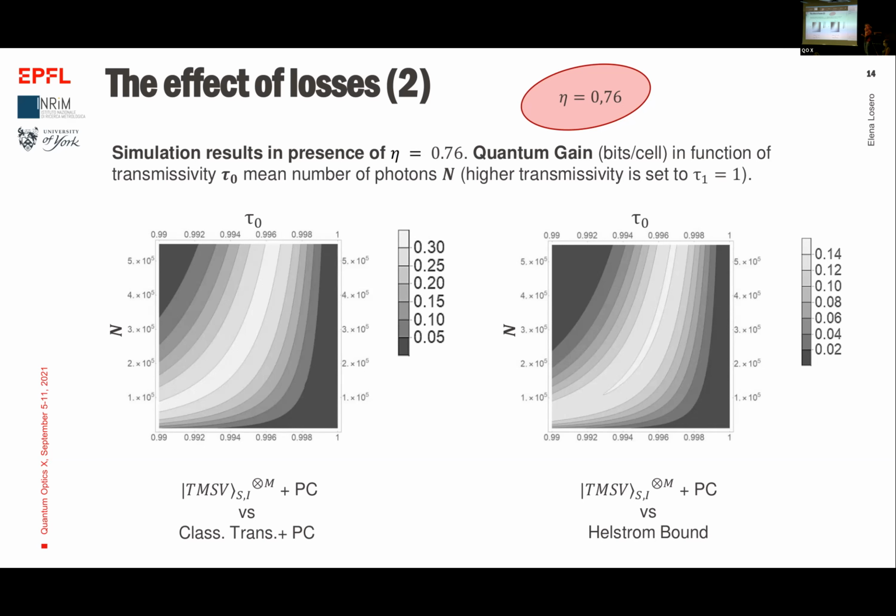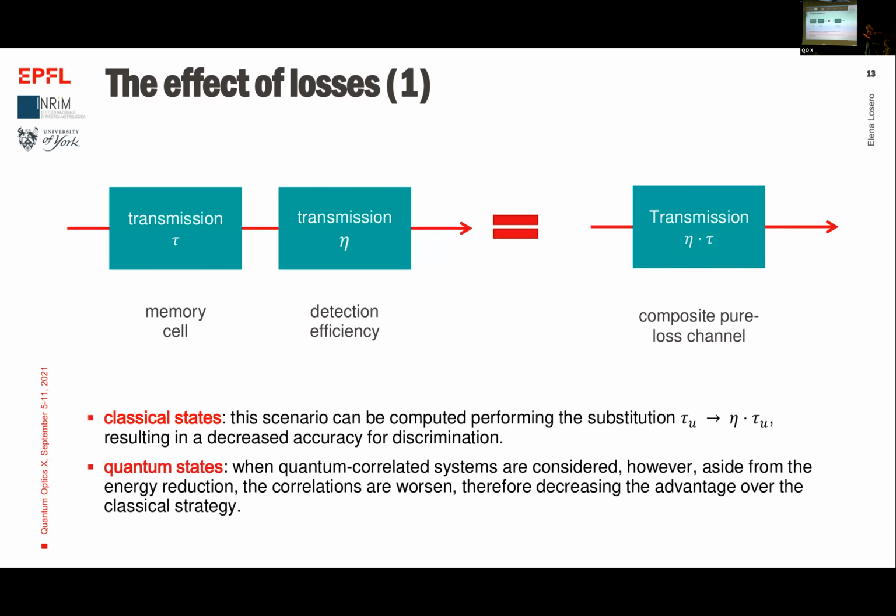But do you have a practical argument why somebody would like a memory like this? I mean, just transmit everything, absorb everything. Okay, maybe it's more related to absorption measurement rather than this particular application.